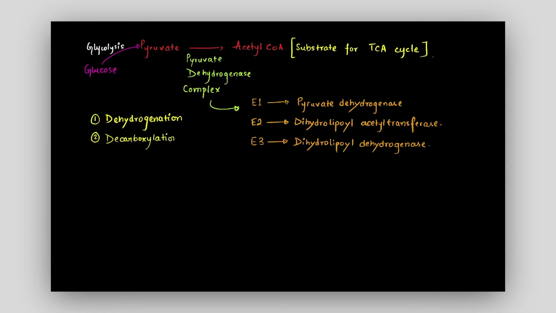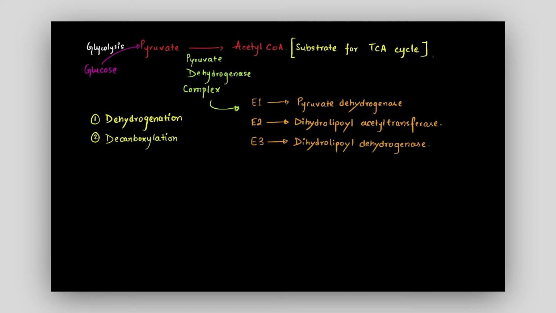And because of this decarboxylation only, we are getting a molecule of CO2 for every pyruvate molecule that is getting converted to acetyl CoA. So we're going to dig a little bit deeper into these three enzymes and look into how they convert pyruvate into acetyl CoA, one after the other.